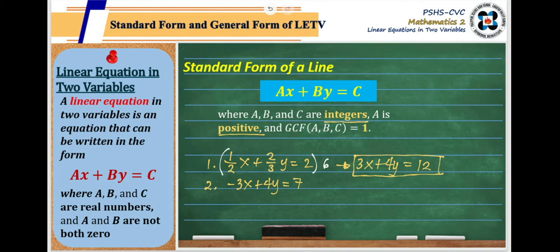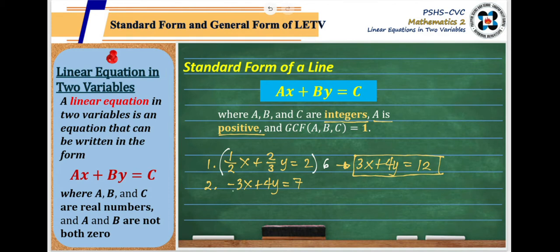So all of which are integers. So we check that: a, b, and c are integers. On the second condition, a is positive. But here, the value of a is negative 3. So therefore, the second equation is not yet in standard form.